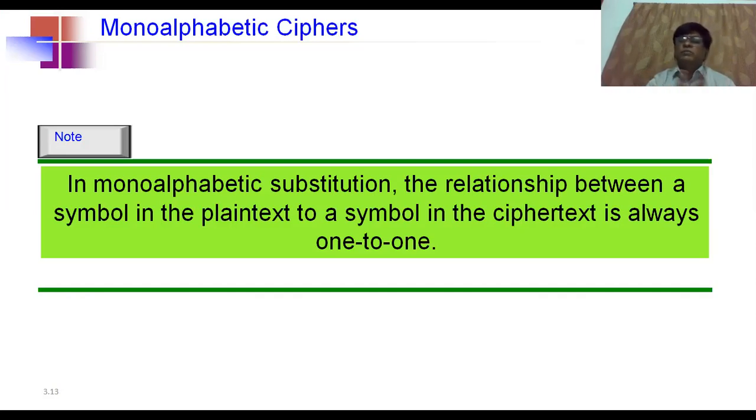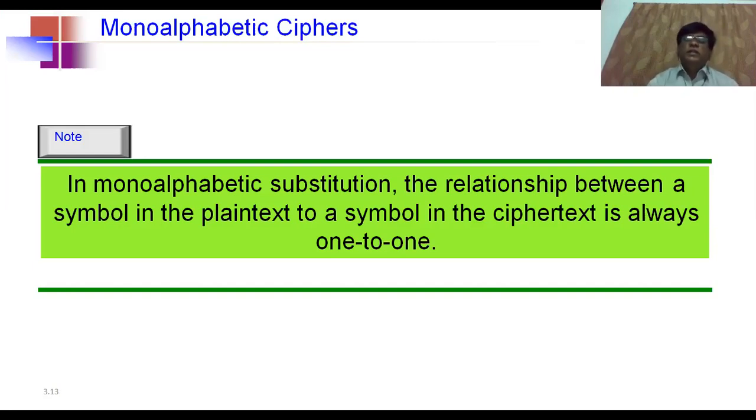That means, for example, I want to replace the character A in the plain text with X, and I want to replace B with H. Like that, I can decide which character is replaced with which character.